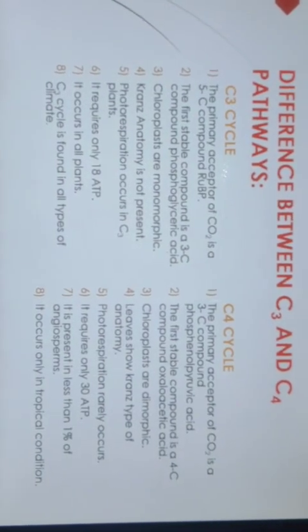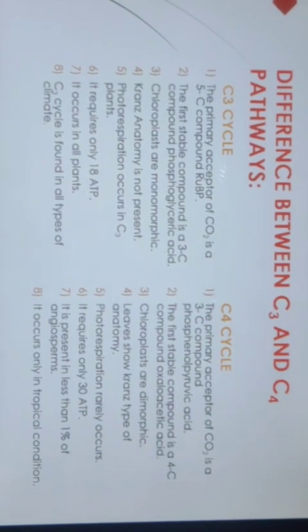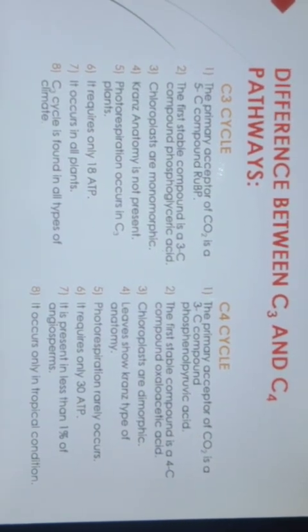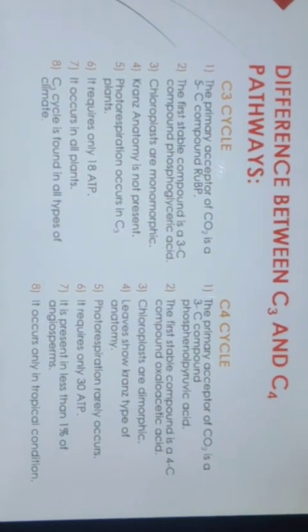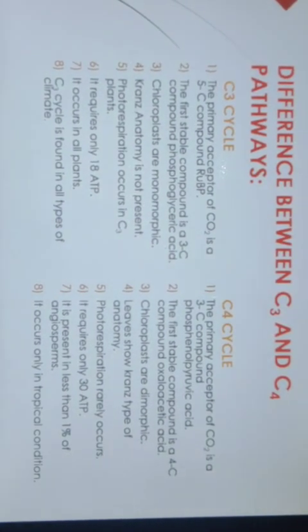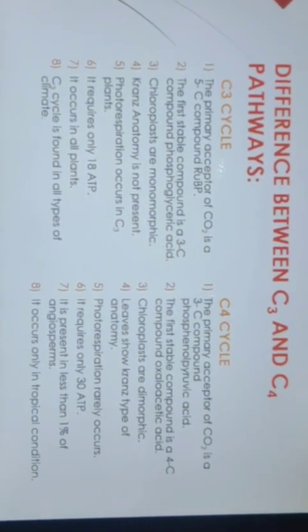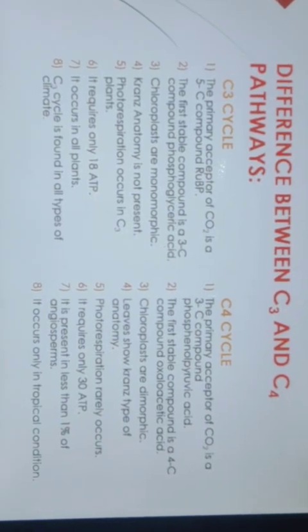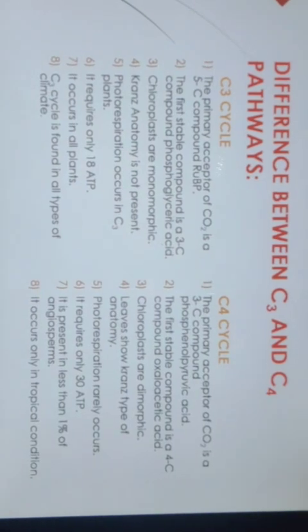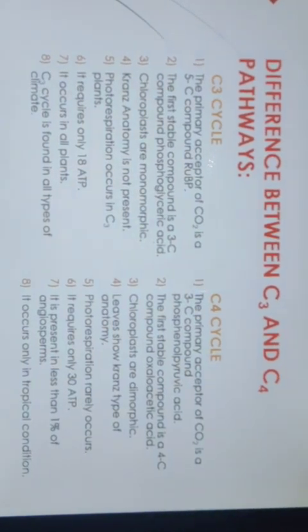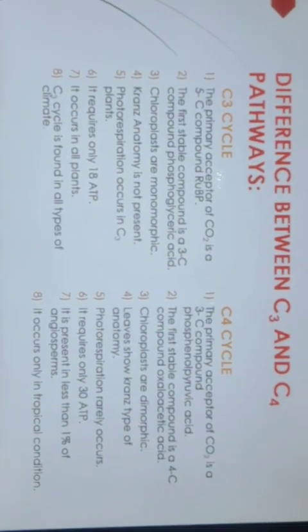Now the chloroplasts in the C3 cycle are monomorphic, whereas in the C4 cycle, chloroplasts are dimorphic. Now in the C3 cycle, the anatomy, that is Kranz anatomy, which we studied in the earlier section, is not present.